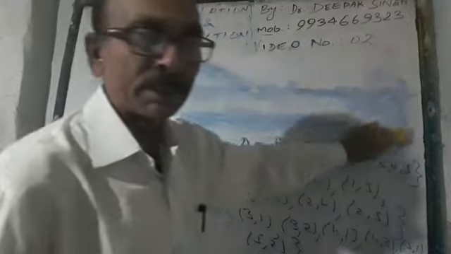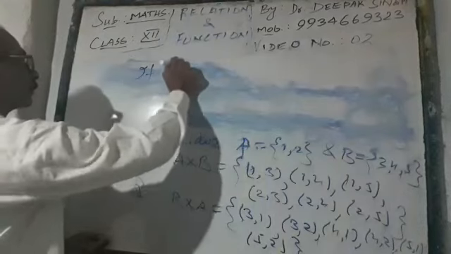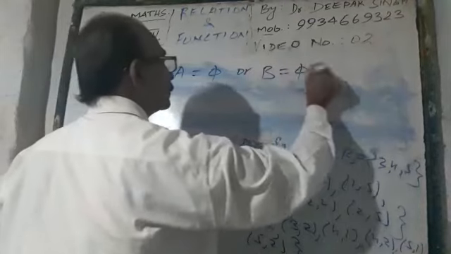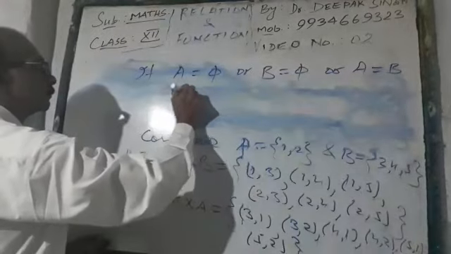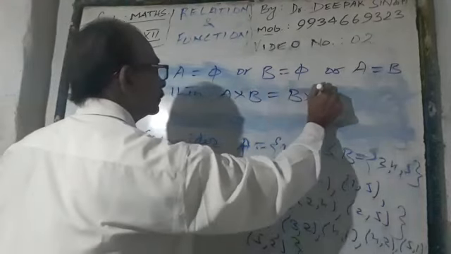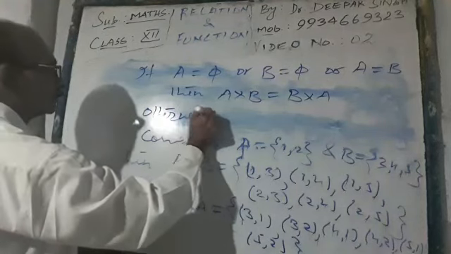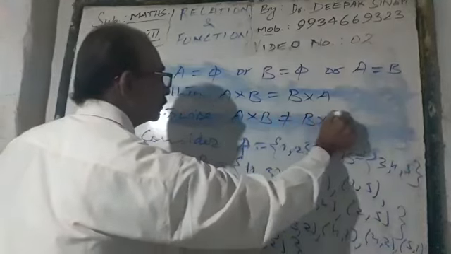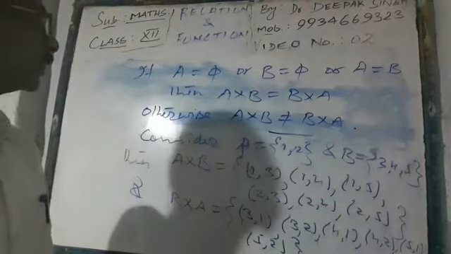But in a few cases they may be equal, and those cases are: if A is equal to the empty set, or B is equal to the empty set, or A is equal to B.